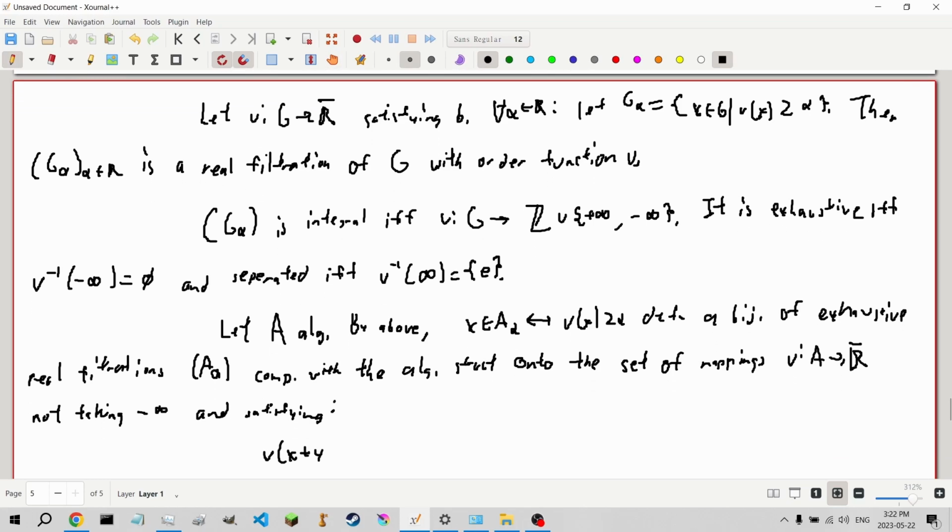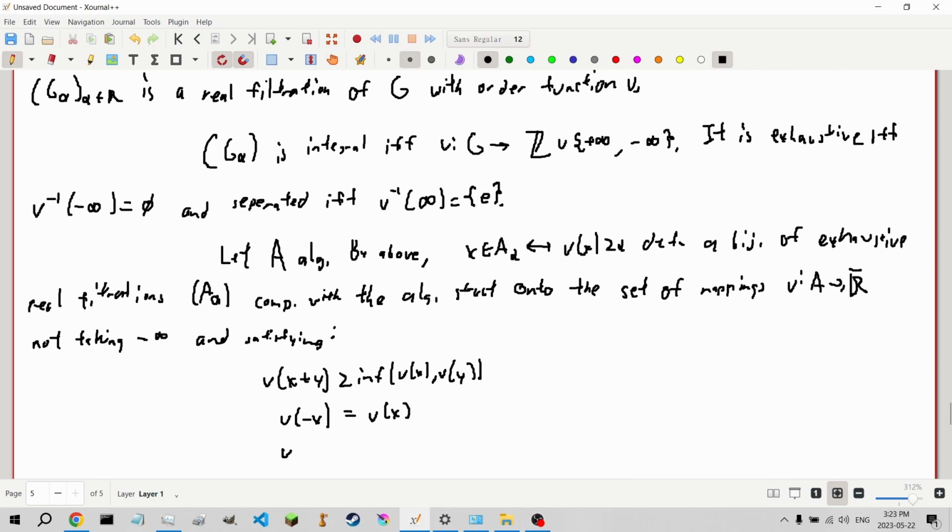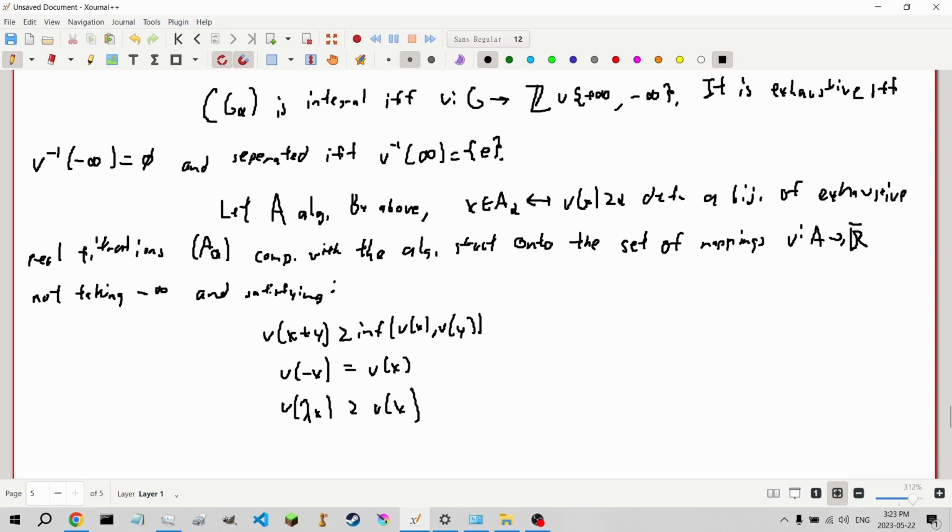First, V of x plus y is at least the infimum of V of x and V of y. V of minus x is equal to V of x. V of lambda x is at least V of x. V of x times y is at least V of x plus V of y.